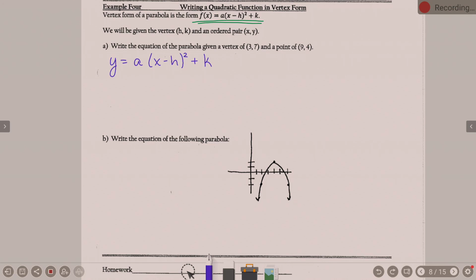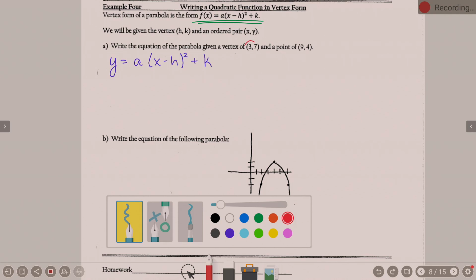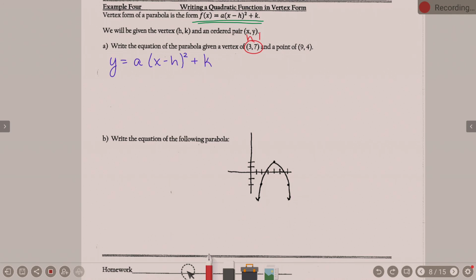H and K. If you go back to that previous page, the vertex right here is h and k. Well, in order to write this equation, you have to know h, k, and a. That's the trick, is that we have to know h, k, and a.